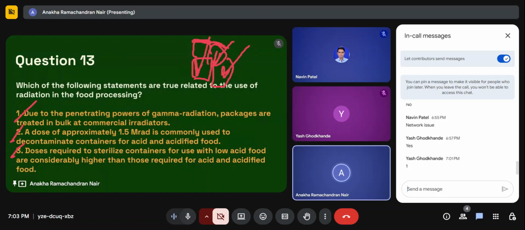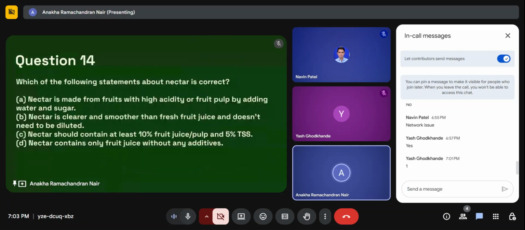All right. I don't think I'm seeing anything, so I'll move on to question number 14. Question number 14 is, which of the following statements about nectar is correct? So there are four options. Nectar is made from fruits with high acidity or fruit pulp by adding water and sugar. Option 2, nectar is clearer and smoother than fresh fruit juice and doesn't need to be diluted.